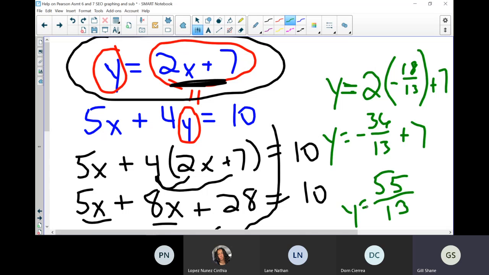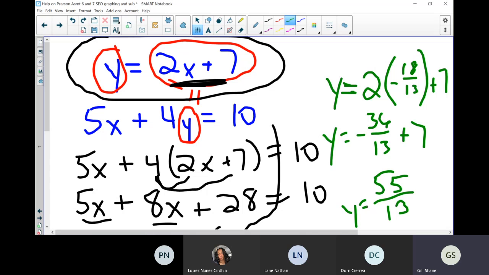Y equals 55/13. Again, you won't have to worry about doing that, but since I'm recording it, I figured I'd go through. I had to convert the 7 into a fraction, and I had to have 13 as the denominator, and then I combined that with the negative 36 over 13, so that's how I got it if you're curious.